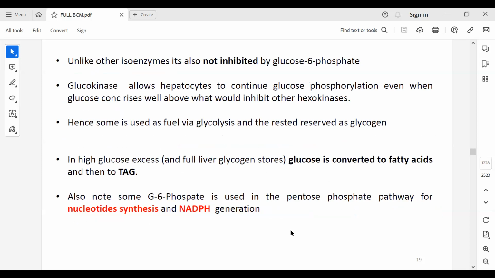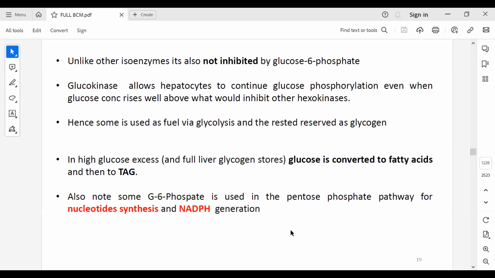So I've already talked about what is here in this slide, that any extra glucose which will be there is going to be converted into fatty acids and then to triglycerides. And some of the glucose 6-phosphate is also used in the pentose phosphate pathway. But all this will now depend on what the body's requirement will be. So just today we did the pentose phosphate pathway.